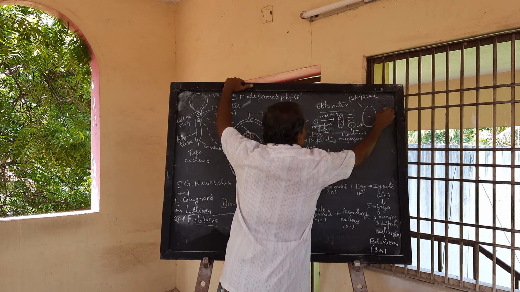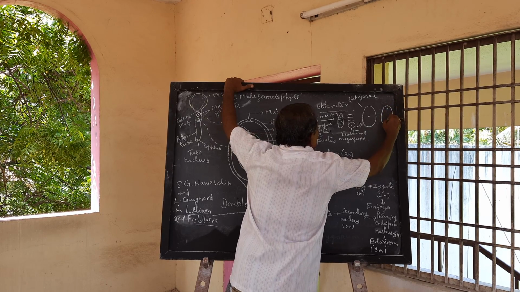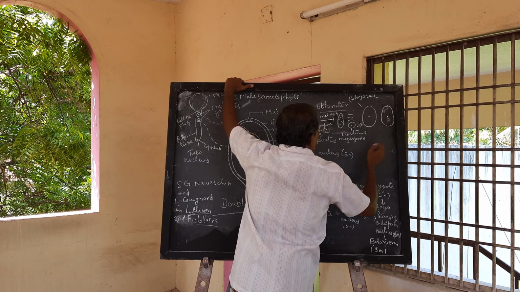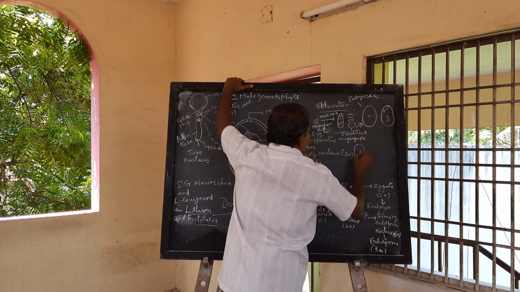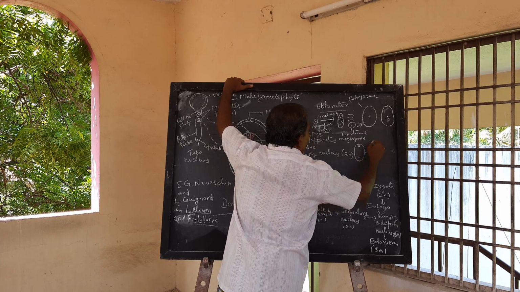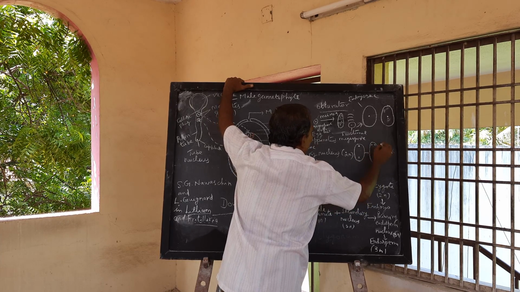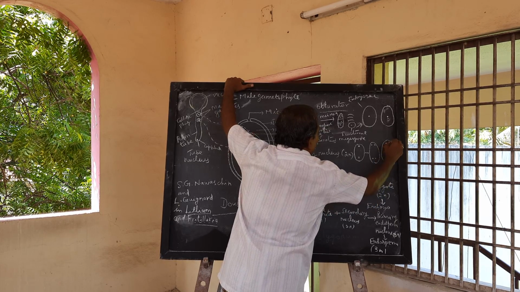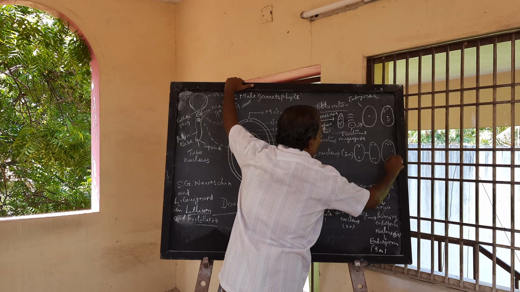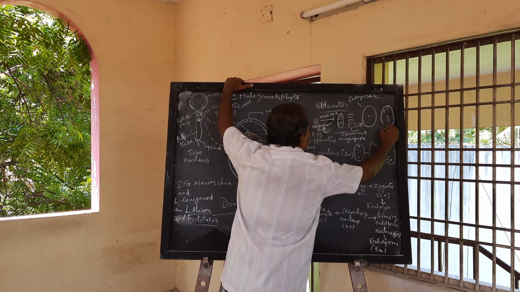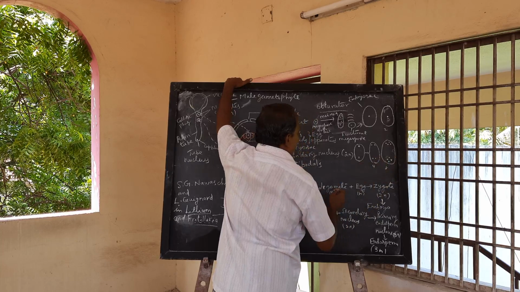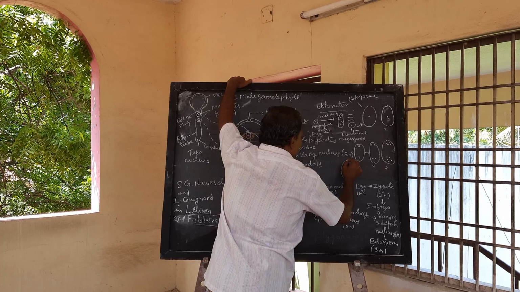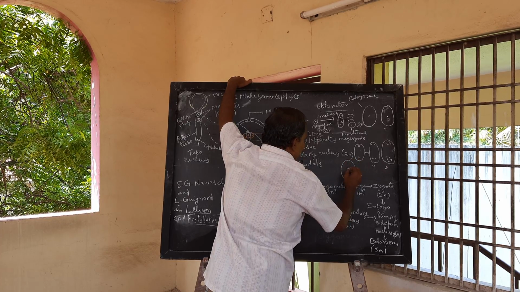It divides into two, and these two nuclei move towards the poles and divide further: 2 into 4, then 4 into 8 nuclei. Of these 8 nuclei, one nucleus from each side moves towards the center.